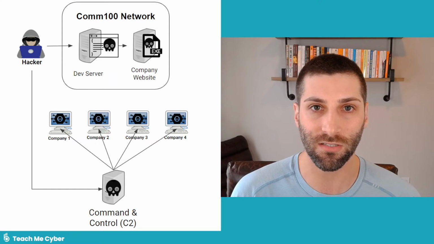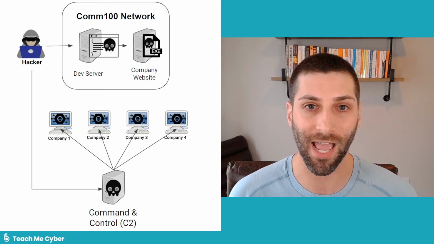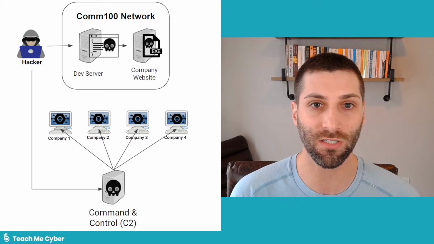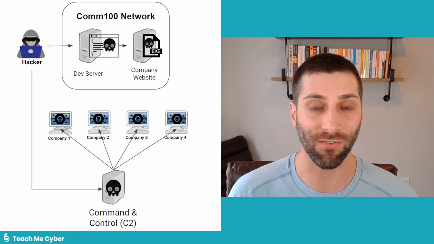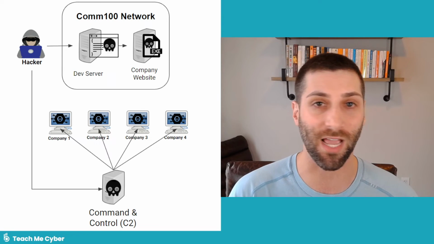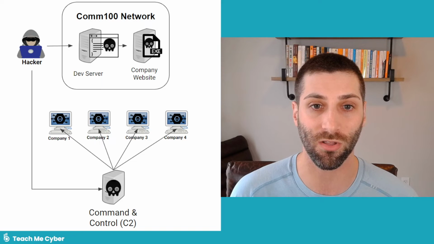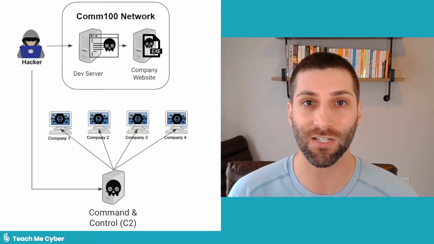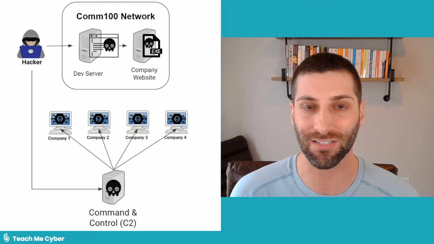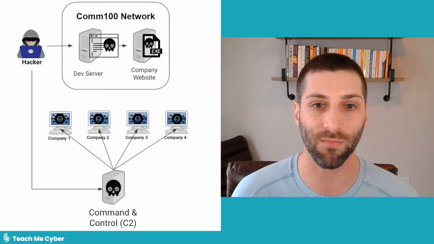You can see how this is a one to many style attack, because by compromising just the Com100 network and modifying that code, and having people download those executables through the normal course of business to install on their own systems, thinking it's a legitimate copy, that infects those systems and the attacker gets access to a ton more systems.